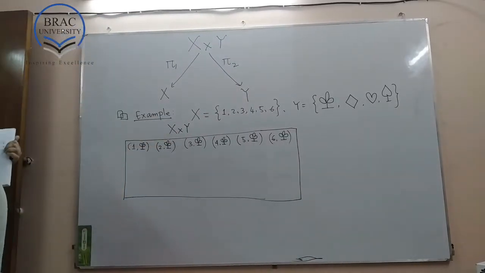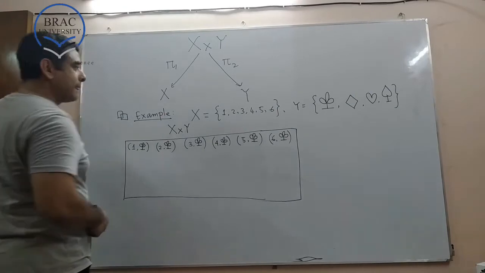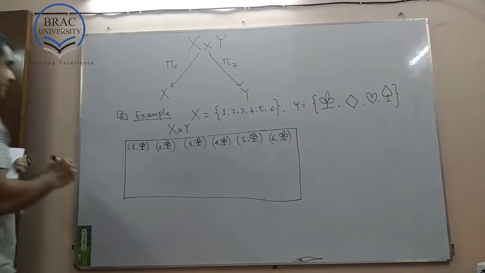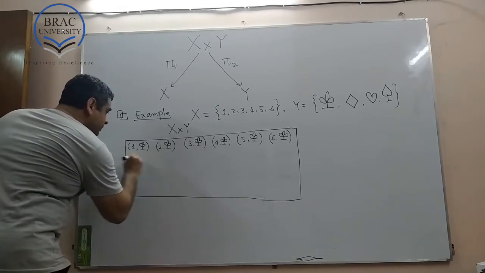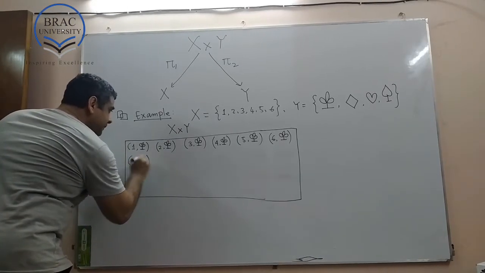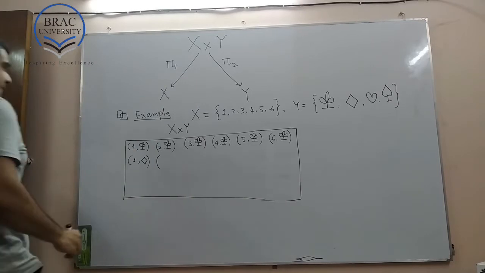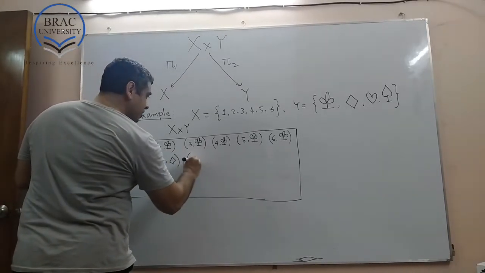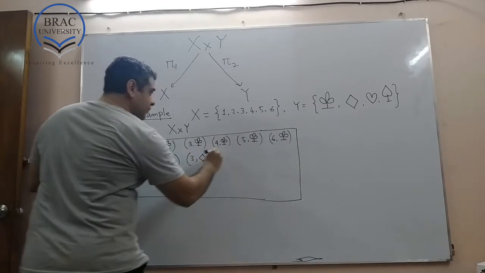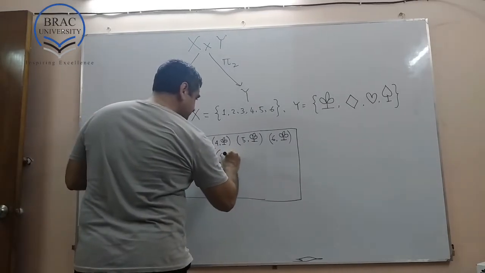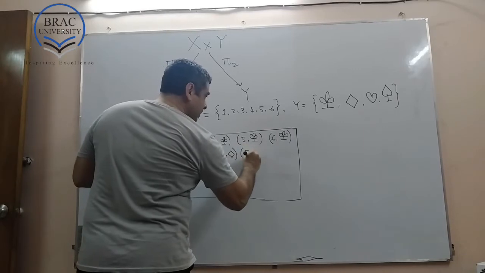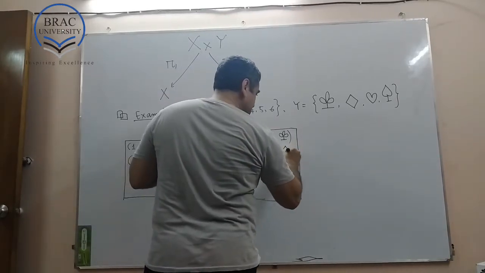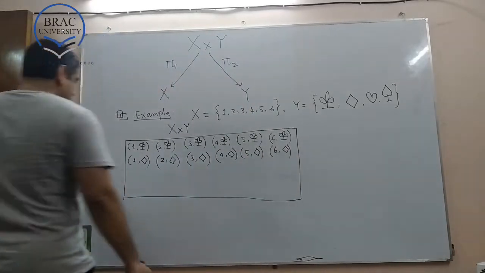The second row is (1, diamond), then (2, diamond), then (3, diamond), then (4, diamond), then (5, diamond), and then (6, diamond).